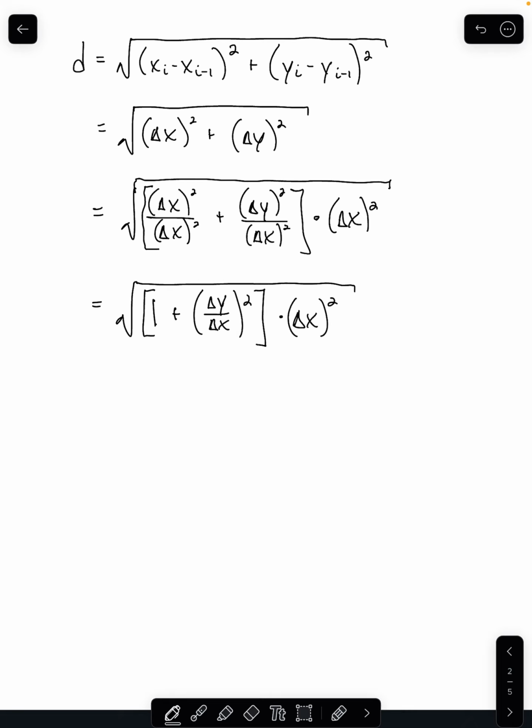At this point, we can separate this into two separate radicals. At which point, the square root and the square in the delta x factor will cancel each other out and leave us with a single factor of delta x attached to this square root.